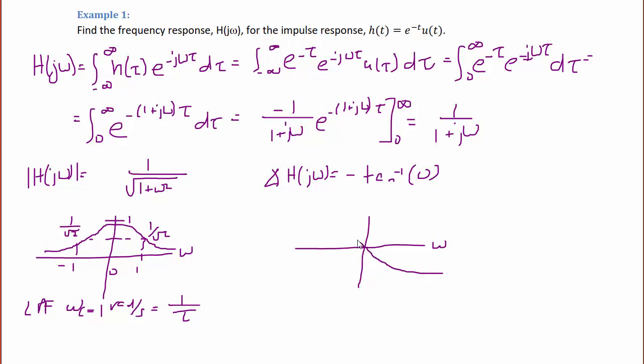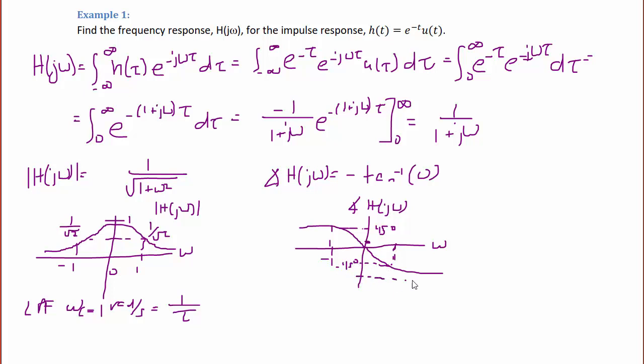And the phase angle, negative the arctangent of omega, looks like the following, where the angle is actually 0 at 0. Remember, this is the angle of H of j omega, and this was the magnitude of H of j omega. At that cutoff frequency, negative 1 and 1 again, the angle for negative 1 is 45 degrees, and for 1, it is negative 45 degrees.